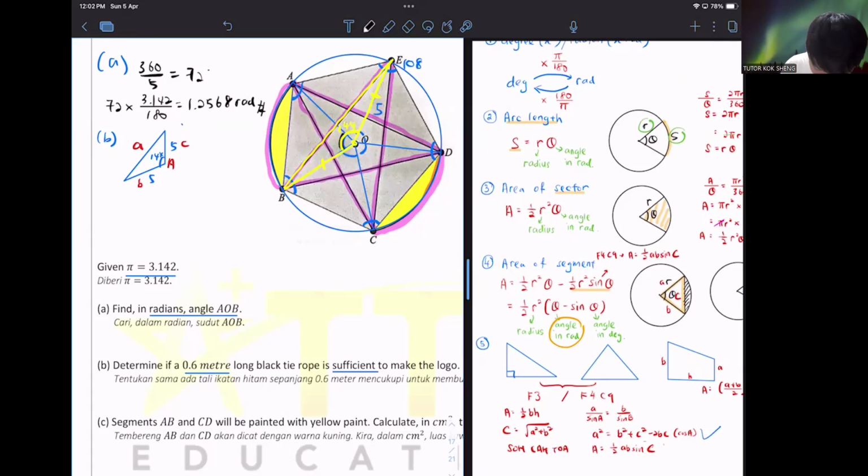So this is BE. BE squared equals small b, small c, and big A is 144, so cos 144. Nice.